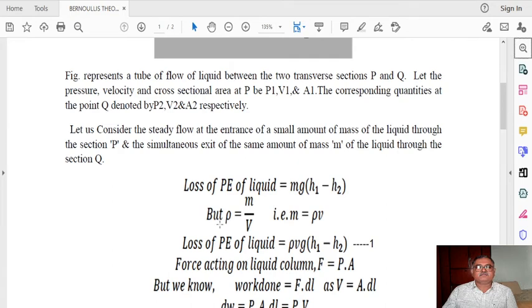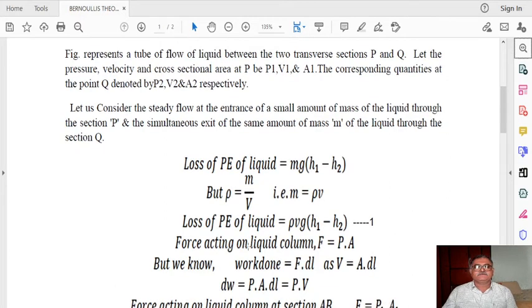But we know that density rho equals mass upon volume, m by V, so m equals rho into V. Don't get confused by the notation: this V should be a capital, but due to a typographical mistake it is small.